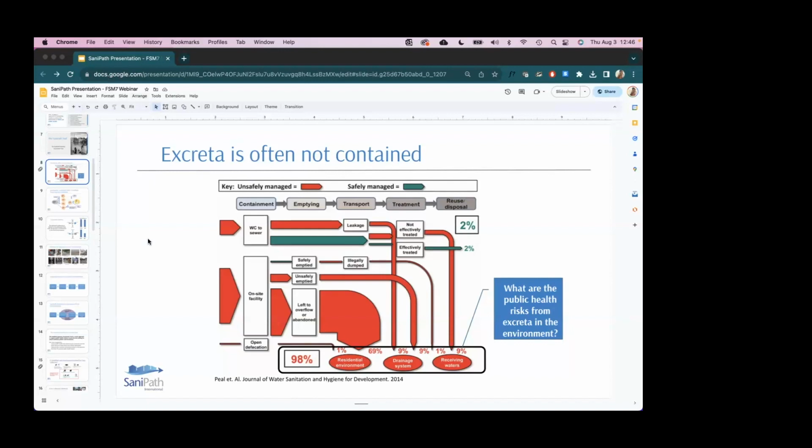Welcome to join, Sarah. Hello, Sarah. Yeah, so currently the IHE Delft is in a very big consortium involving about 10 to 15 organizations, implementing the SaniPath tool in Cox's Bazar and also in some emergency contexts in Uganda.